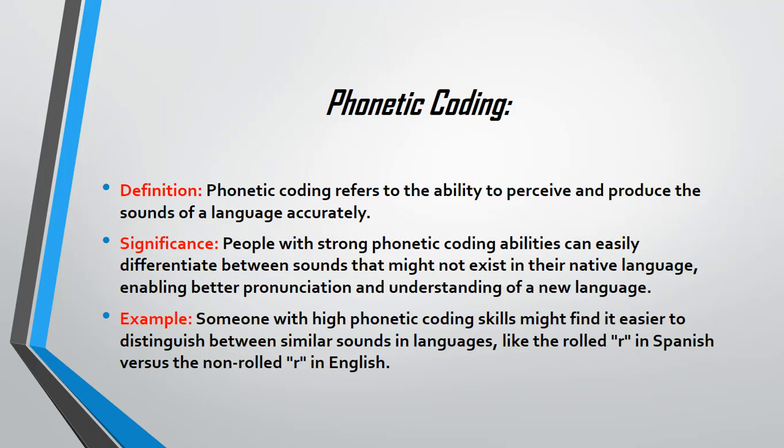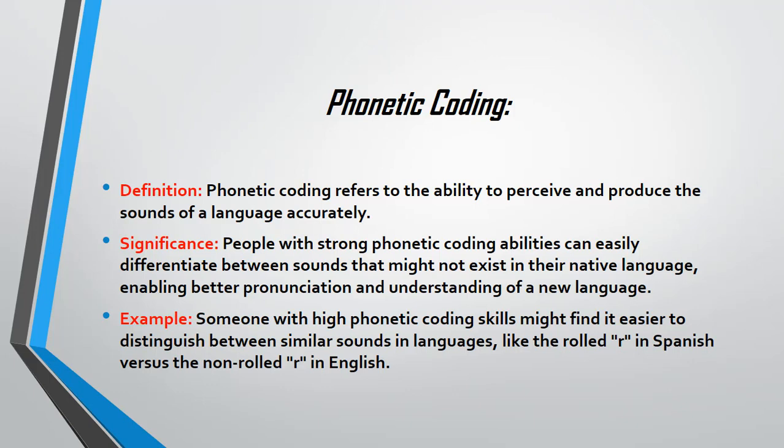For example, someone with high phonetic coding skills might find it easier to distinguish between similar sounds in languages like the rolled R in Spanish versus the non-rolled R in English. For example, in Spanish we find caro or rosa, and in English we find car or rose.